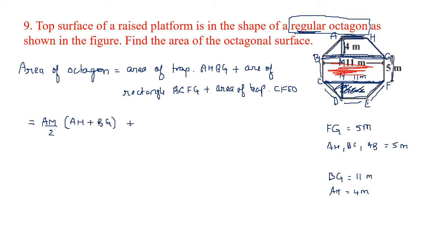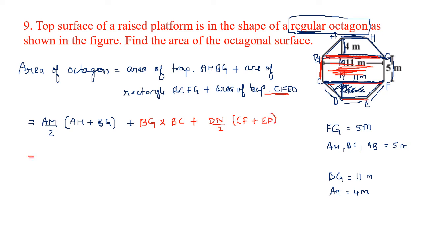Area of the rectangle is nothing but length, that is BG, into breadth, that is BC. So it is BG into BC. And area of the trapezium CEFD again is the altitude DN upon 2 and sum of the parallel sides CF and ED. So CF plus ED.